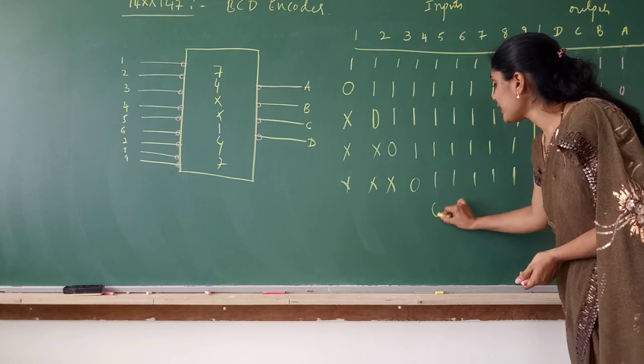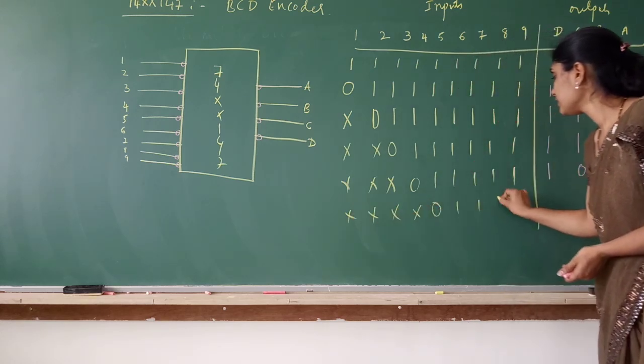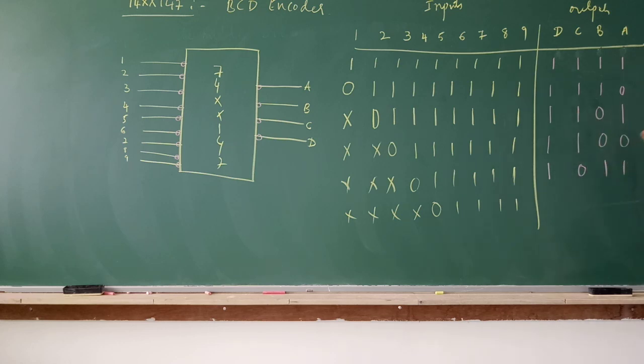Similarly, if 5 is active, that will be encoded as 0, 1, 0, 1. So this is 5.